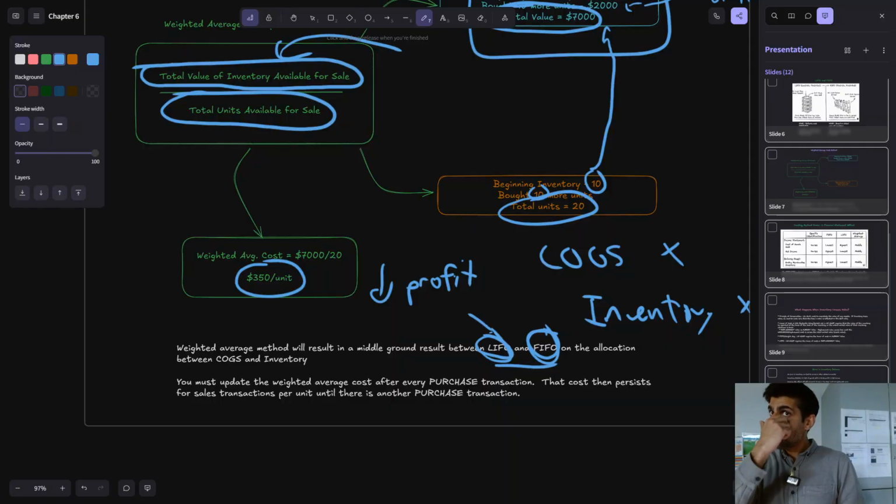Yeah, Chris. If FIFO results in higher profit, then what advantages are there to FIFO? There are some businesses that will use FIFO for their financial reporting and LIFO for their tax reporting. What do you think the advantage is there? When you're calculating income tax, do you want to show more or less profit if you can? Yeah.